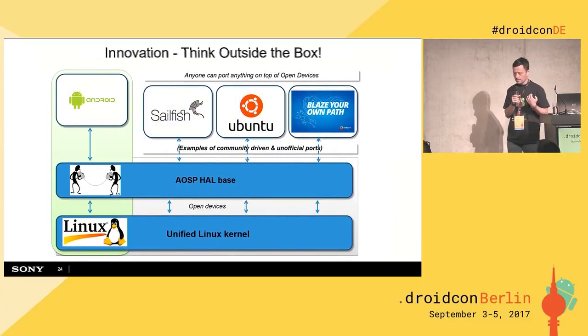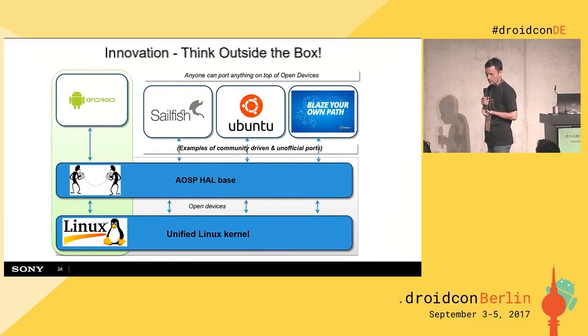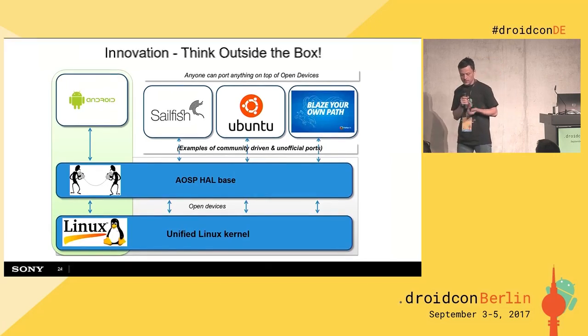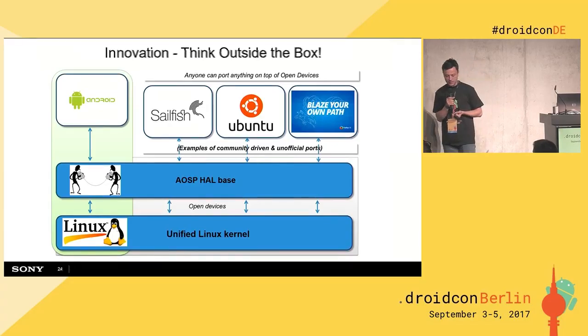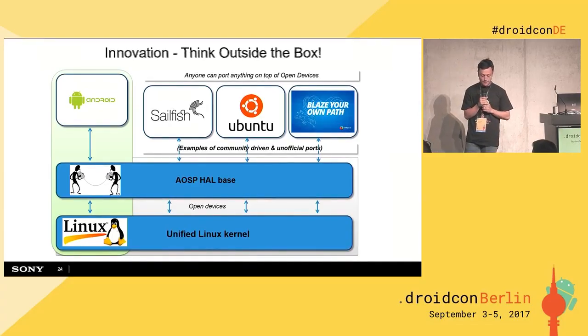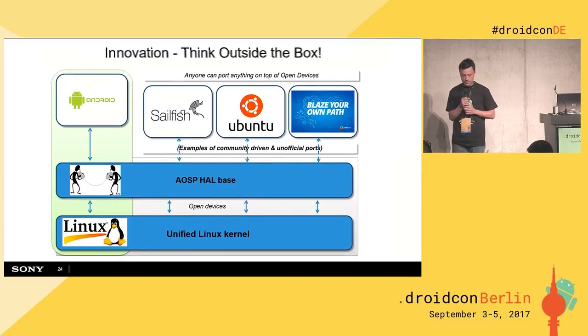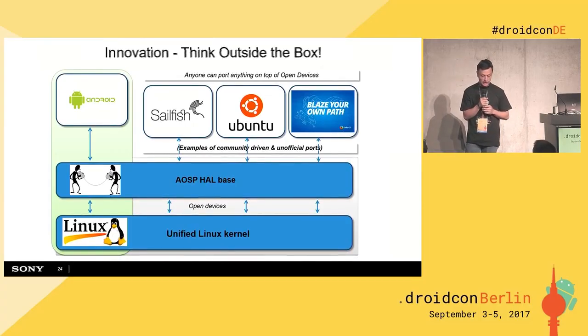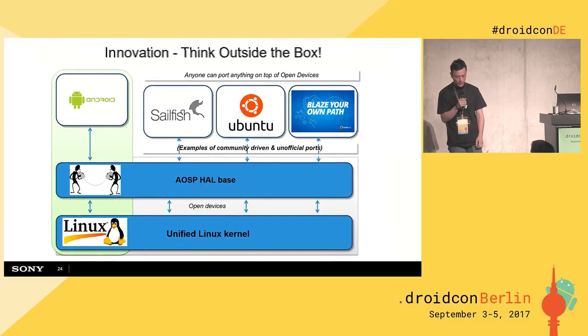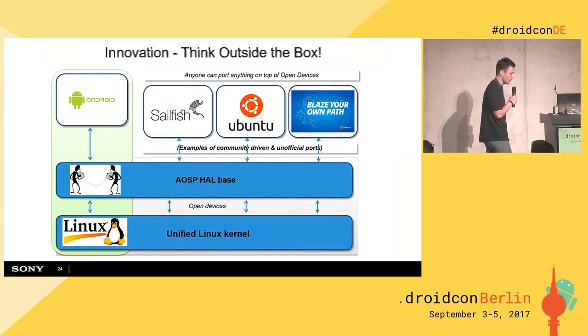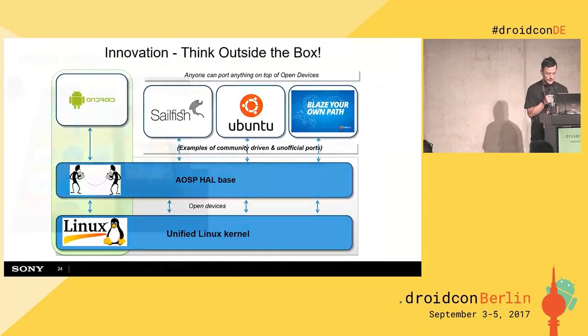But we can think even more outside the box, and we saw that other companies became interested in innovation. So we have Sailfish that has used the open devices, and they built Sailfish on our devices. We have Ubuntu, which has built Ubuntu on our devices. We had Mozilla, which built Firefox, and the whole project is open source.